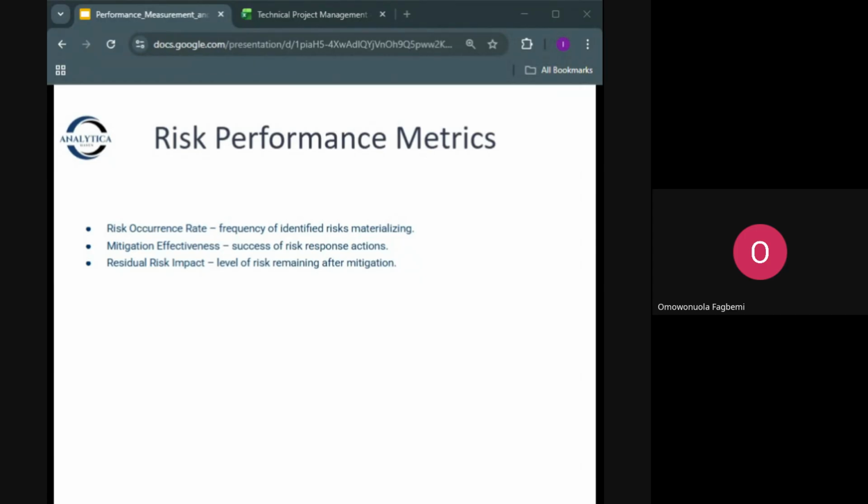You also have residual risk impact. What remains after mitigation? Slight delay or minor cost increase. So good risk tracking helps us to stay prepared for problems before they escalate.